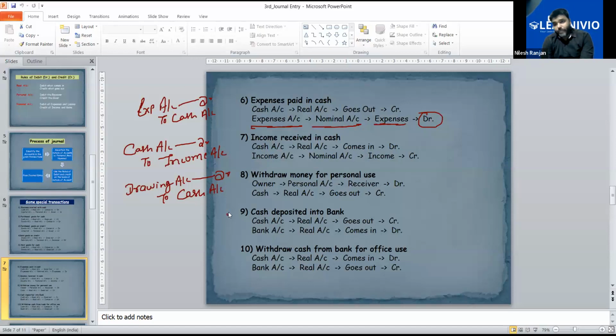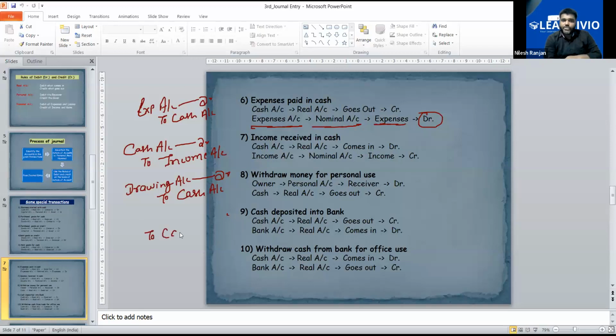Next is cash deposited into bank. I told you about this, that when we withdraw cash for office use and when we deposit cash into bank, you have to decide on the basis of whether cash is coming or going out. So if you deposit cash, cash is going.